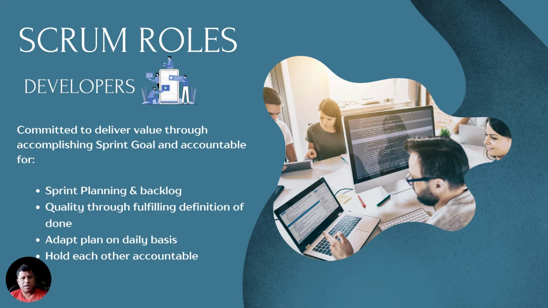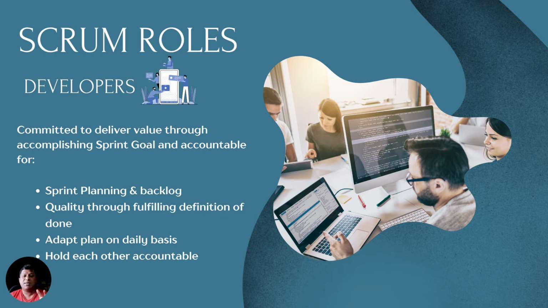We respond to change, we accommodate change even at the latest stages or later stages of the development. That means for us to be able to do that, we as a team should be adapting on a daily basis, right? How far have we progressed? What we need to change for us to be able to fulfill, right? And then hold each other accountable.